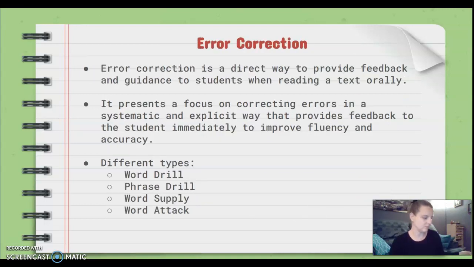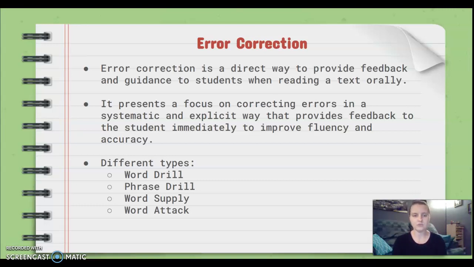So this is what brings me to focusing on error correction. Error correction is a direct way to provide feedback and guidance to students when reading a text orally. And error correction can really be a very, very systematic and explicit way to provide that feedback immediately to improve fluency and accuracy.